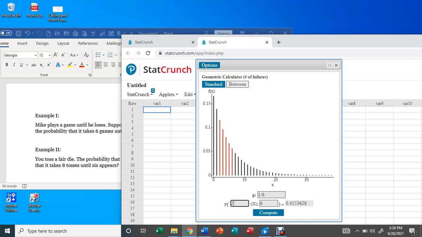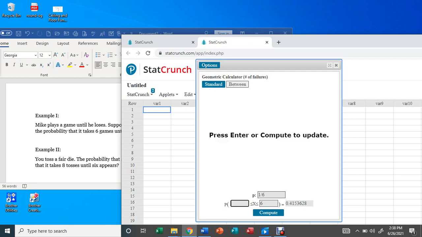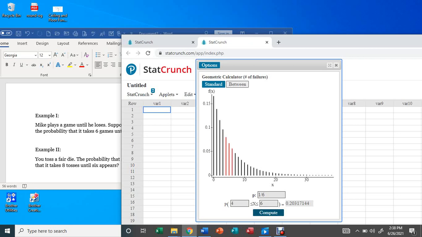So you do 4 here, 6 here, and compute. So here you go, it's about a 20% chance. So that's how you use StatCrunch to do geometric distributions.